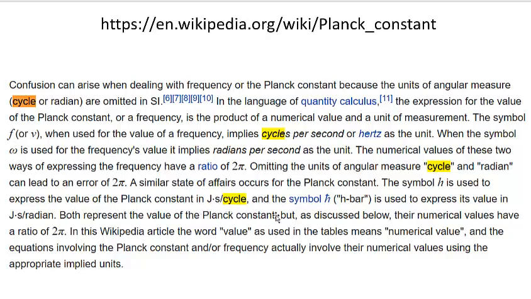I know that mainstream reads this a little differently as an action constant, and they ignore the cycle term, but when you put the cycle term in, it's very clear that Planck's constant is the energy of one cycle, one oscillation, one wavelength of light.